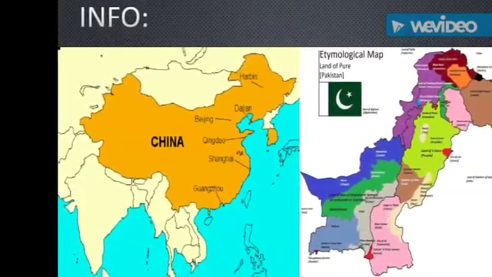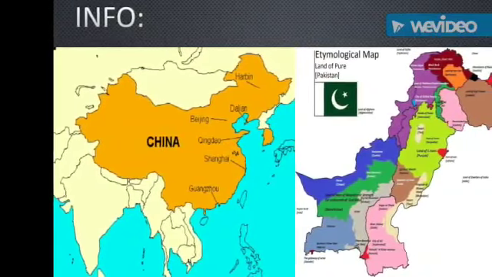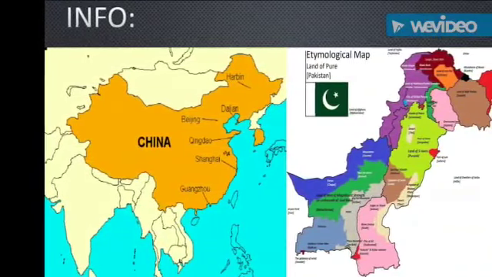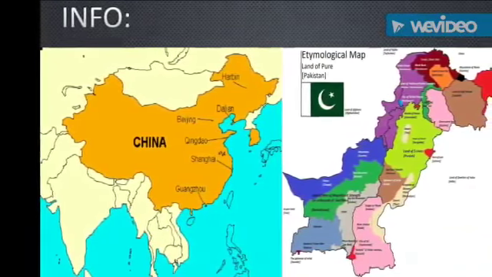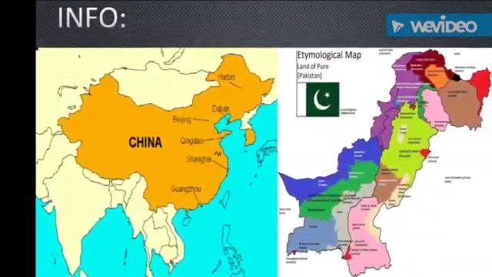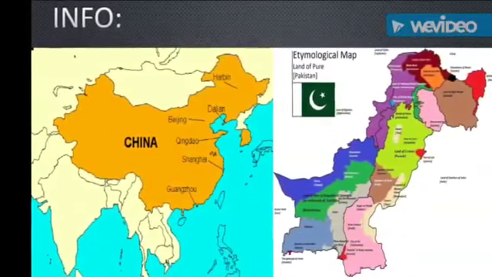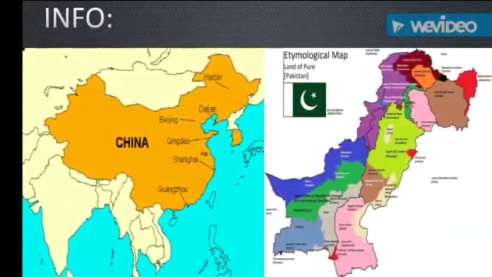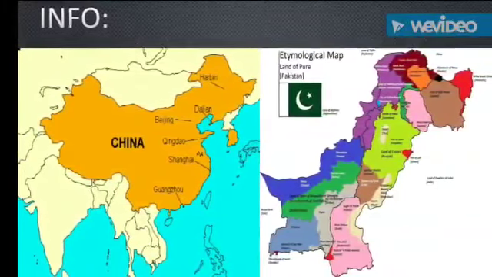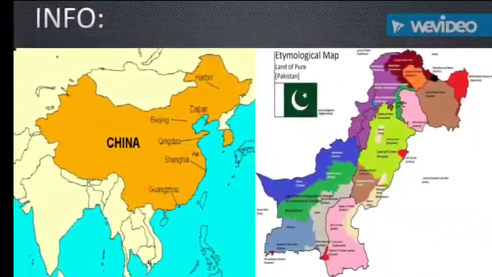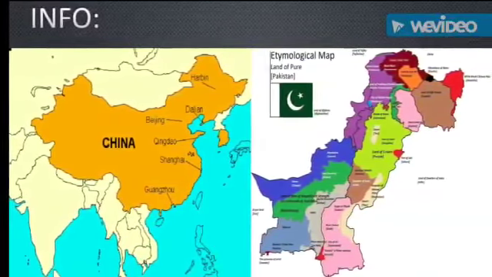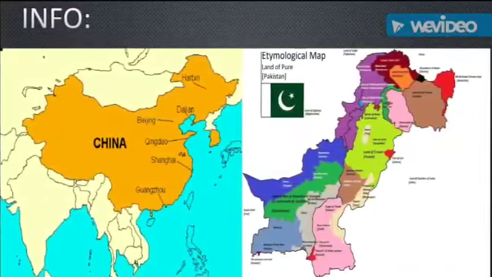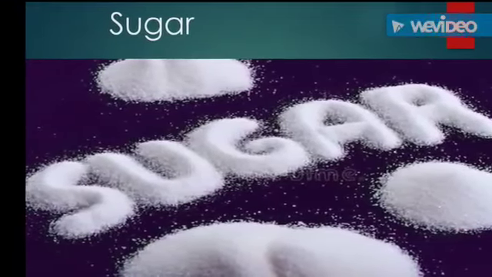Students, do you know China is the world's biggest producer of cotton, and Pakistan is the world's fourth producer of cotton and the top most among Muslim countries. I hope now you understand the importance of cotton and cotton growing Muslim countries. Third product is sugar.